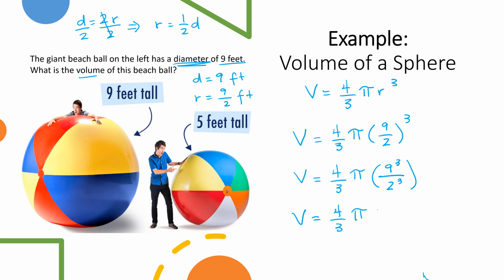All right, so 9 times 9 is 81. And then 81 times 9 is 729. 2 times 2 is 4, times 2 is 8.